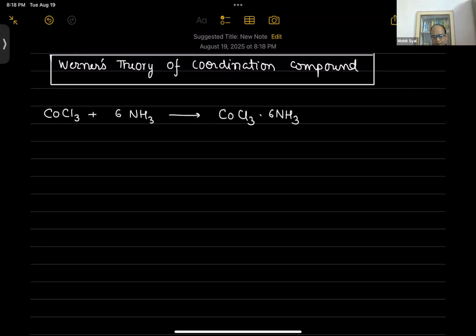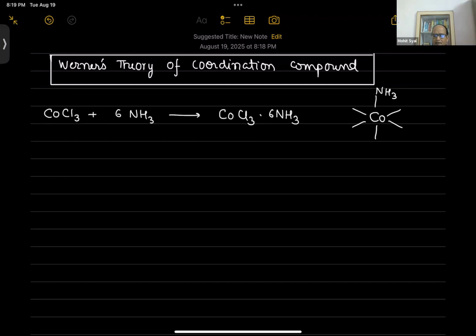Got it? How did Werner represent it? Yes, sir. Werner represented it in this way. This was the representation of Werner. First, let me draw it. And there are some details which need to be discussed.